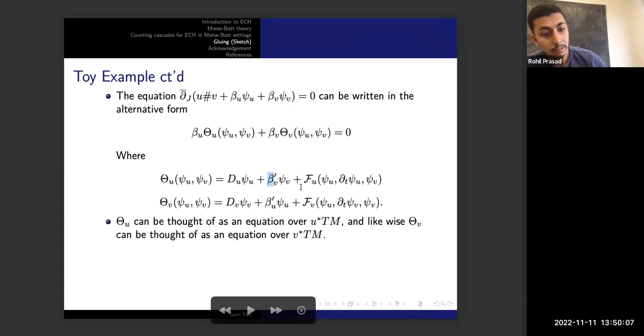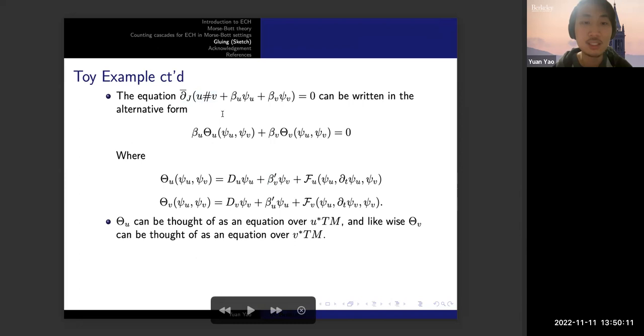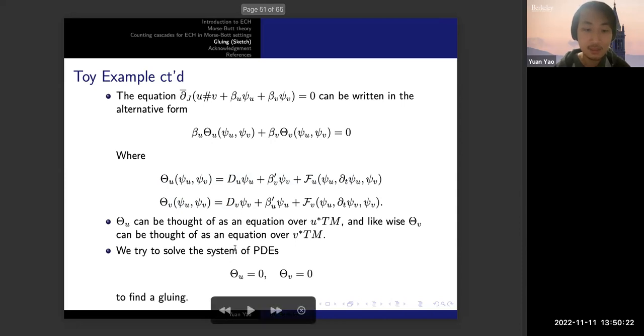Okay. So finding a solution to the J-holomorphic curve equation, I can just solve this system of nonlinear PDEs, and then I have a gluing. So how am I going to solve this system of nonlinear PDEs? Okay, let me go to that on the next slide. Please burn this slide into your memory. So how am I going to do that?